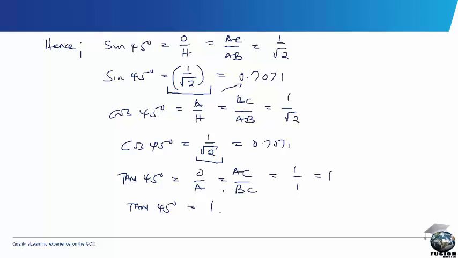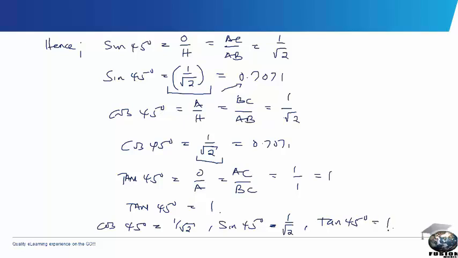From this triangle we have found that cos 45 is 1 over root 2, sine 45 is 1 over root 2, and tan 45 is 1. If you punch your calculator, you still have the same thing.